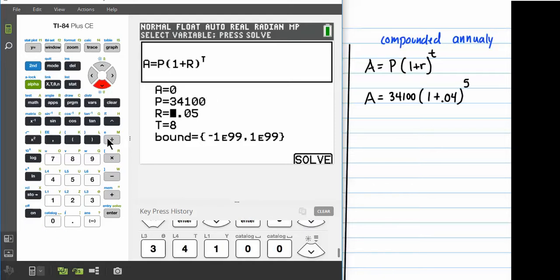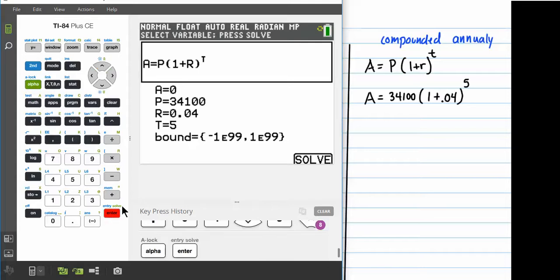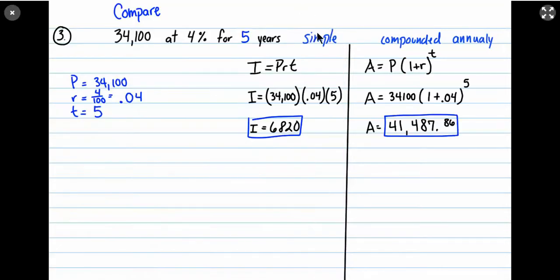My R is 0.04, so I'll just change this to 0.04. And then my T is going to be 5. So this way, I end up with this big answer. 41,487 with 86 cents. I'm trying to compare these two problems. The issue is, can you compare I to A?